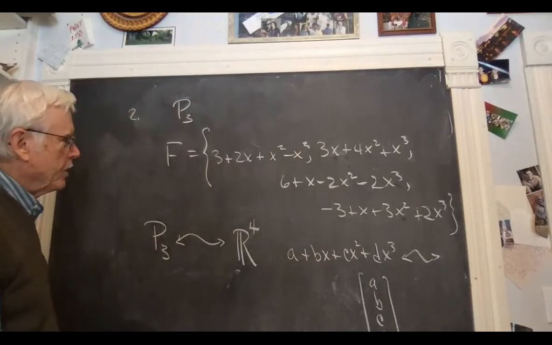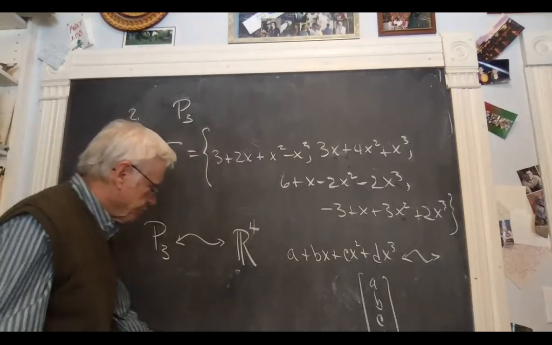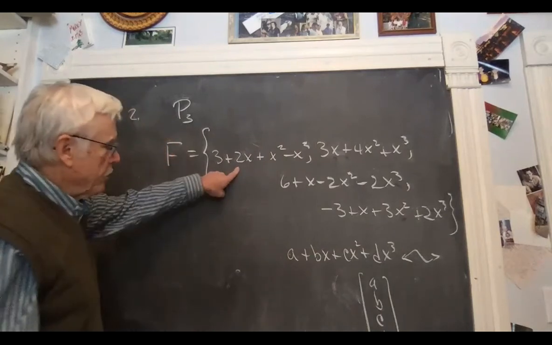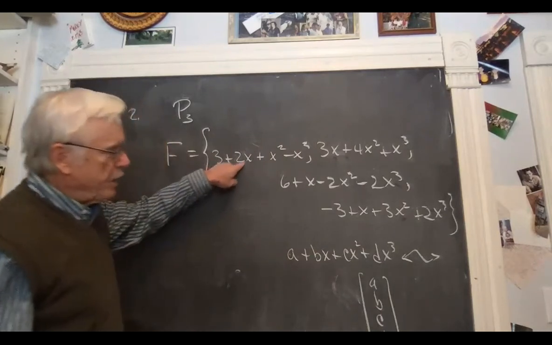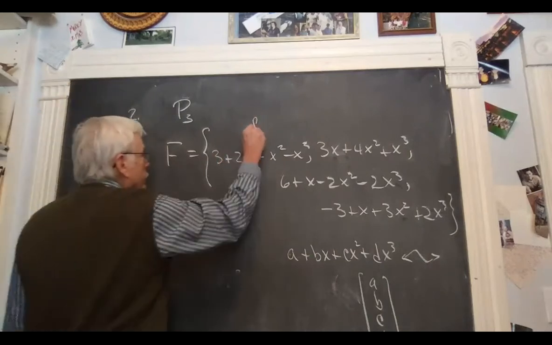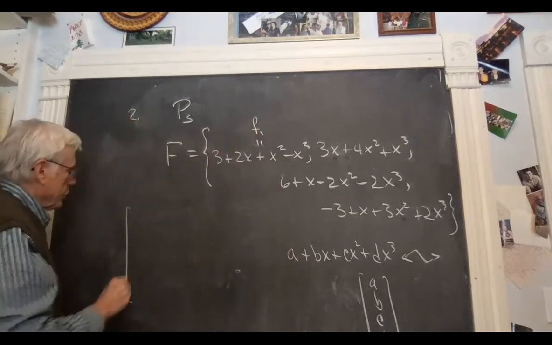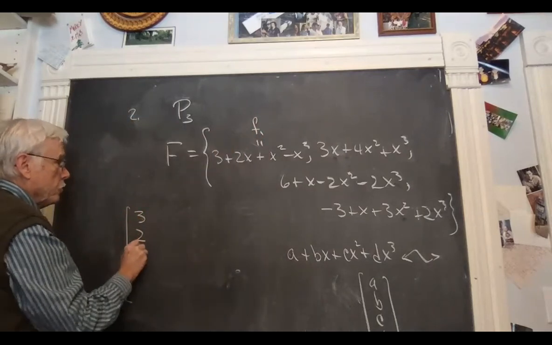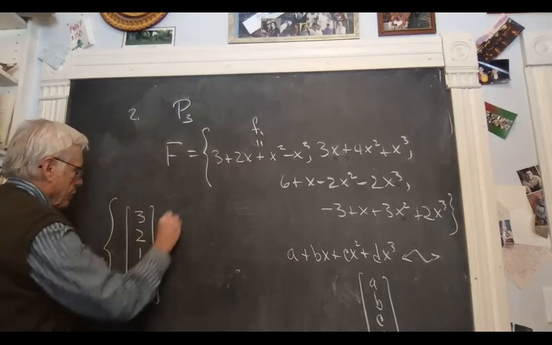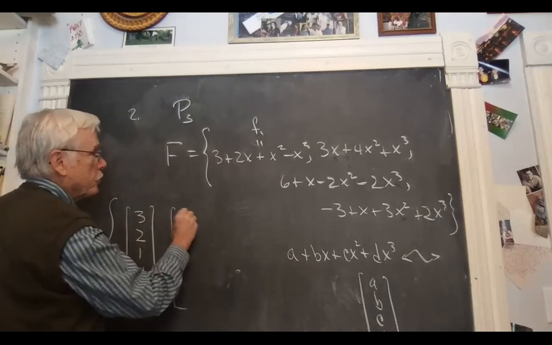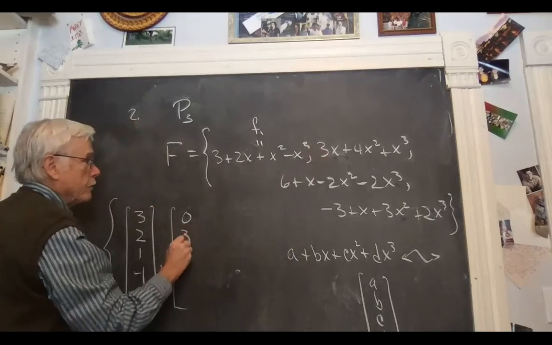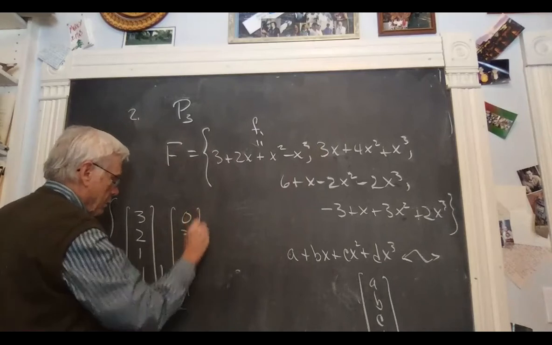All right, so how does this go? How do you do this problem? Well, we'll translate from polynomial space into R4. The first polynomial, F1, translates into 3, 2, 1, minus 1. The second polynomial translates into 0, no constant, 3, 4, 1.